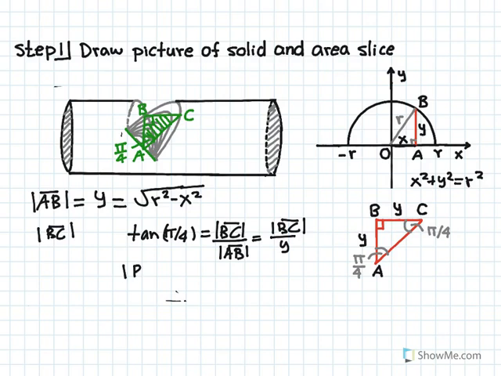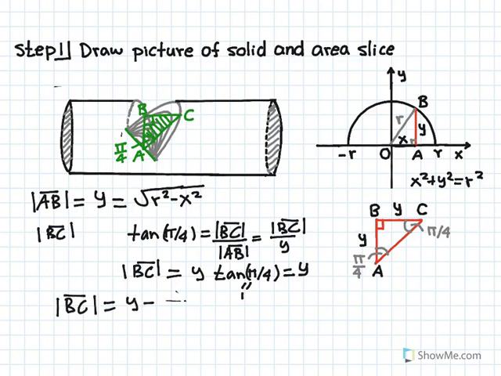The length of BC is simply y times tangent of pi over 4. Tangent of 45 degrees is simply 1. So the length of BC is y. And y is equal to root of r squared minus x squared.